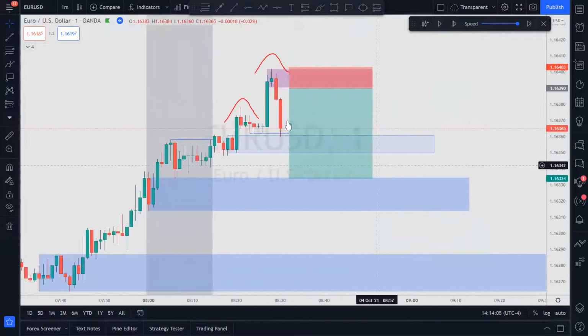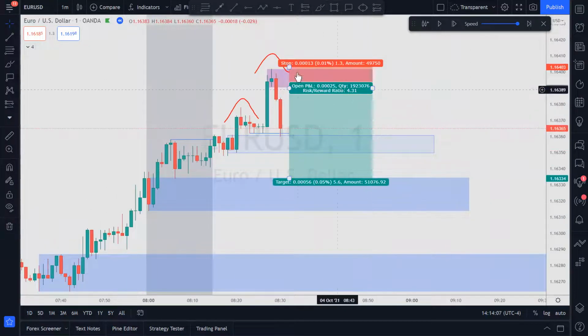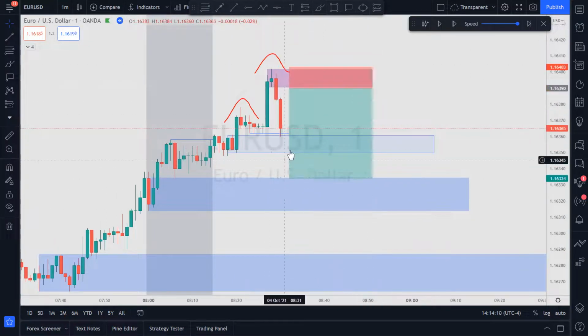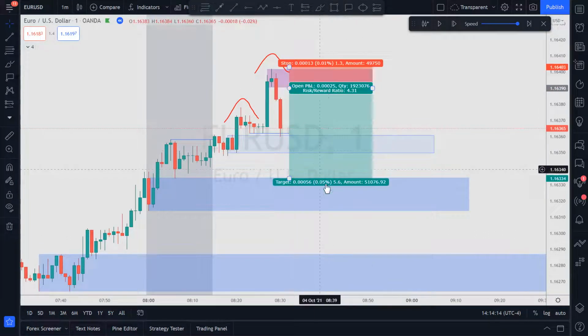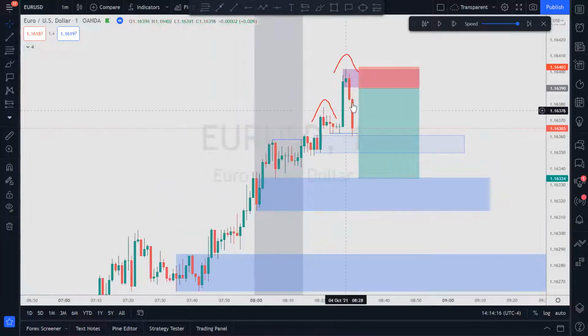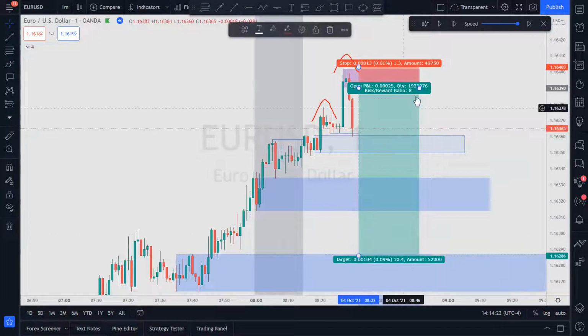So this is where I'll be happy with this, and I'll take 3R for the day. I'll take 3R with 80% and leave the 20 to run, and I'm hoping that it comes all the way down to this order block here.